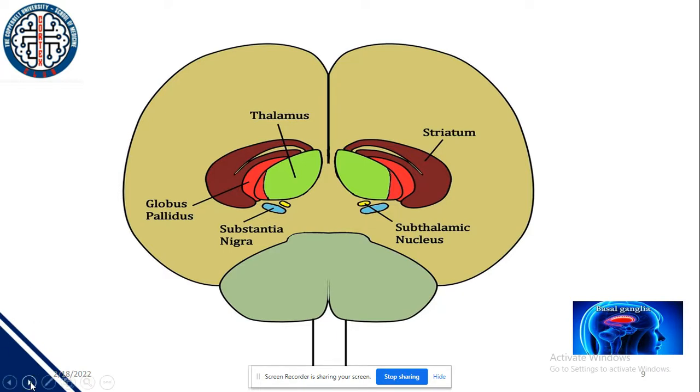From the globus pallidus, you can see that there are two parts: one which is close to the thalamus, and the other which is not so close. These are the two parts we mentioned, the globus pallidus internus and globus pallidus externus. We are going to look at the functions of these individual parts in the next few slides.